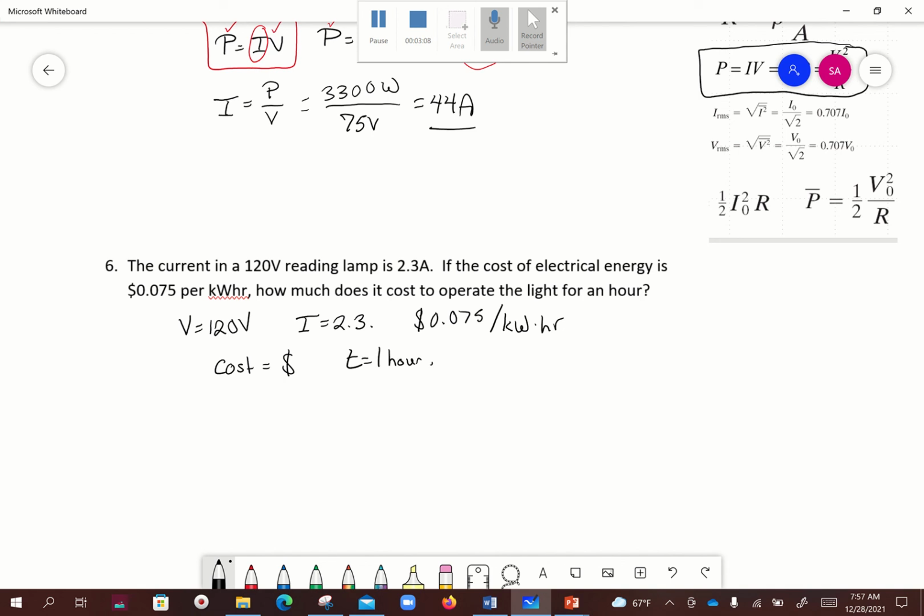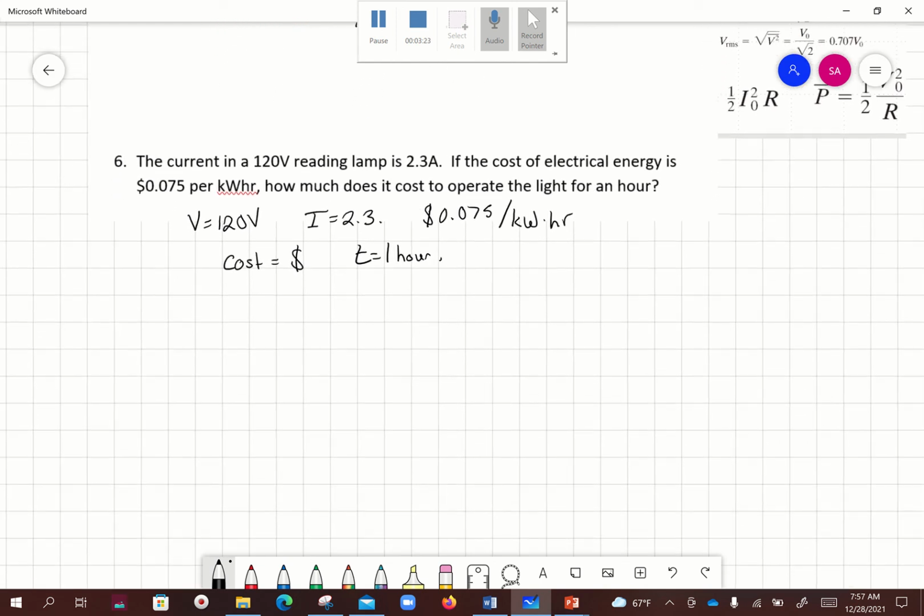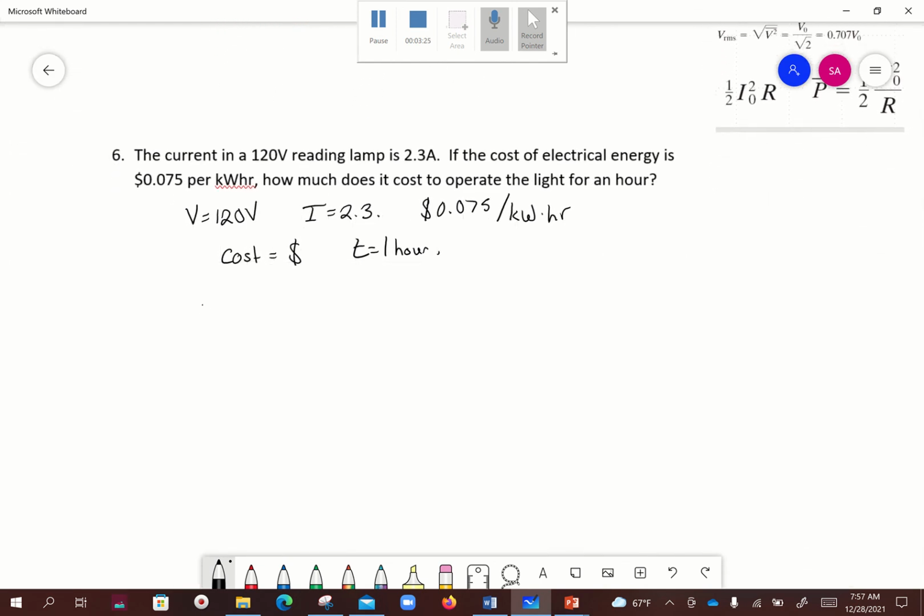Okay, so when you're billed for electricity, you're not billed for power, you're billed for the total work that it does. So the work that it does is equal to the power times the time. So the work, or the energy, is power times time.